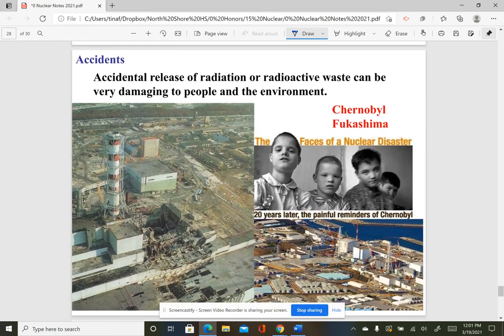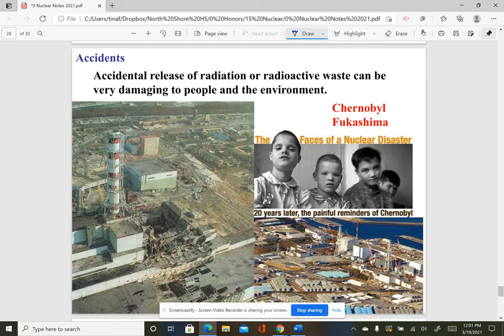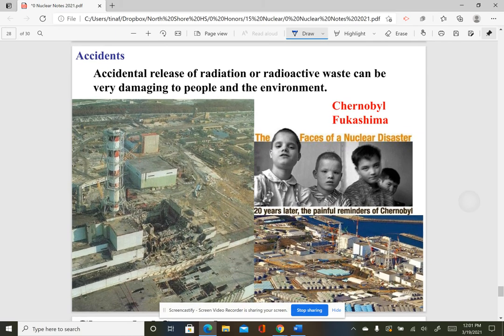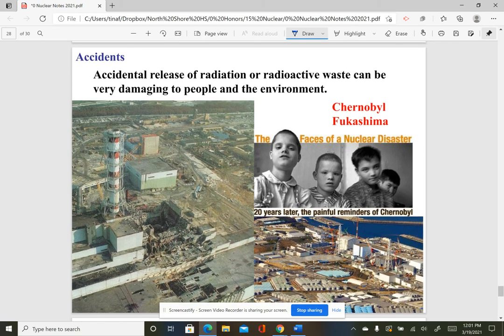I did mention, guys, that we would talk about accidents as well. So as far as nuclear power plants being safe, when there are accidents, they're horrifying. These are the two big meltdowns that you've probably heard of, in Chernobyl and in Fukushima. There was one in Pennsylvania, I think in the 1970s here.